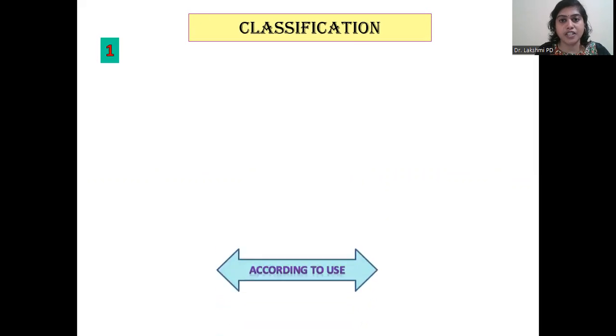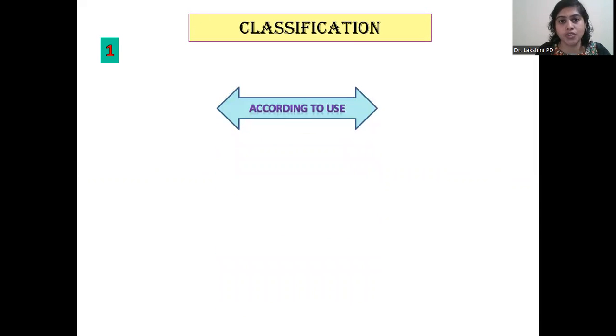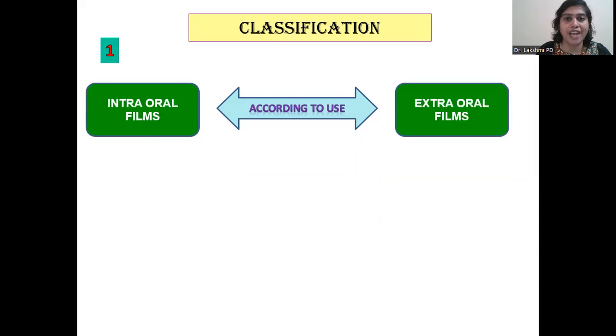Now moving on to the classification, we have got 6 major classifications, and the first classification is based according to its use. So you have got intraoral films and you have got extraoral films. Intraoral films are films that are placed within the oral cavity, and extraoral films are films that are placed outside the oral cavity.